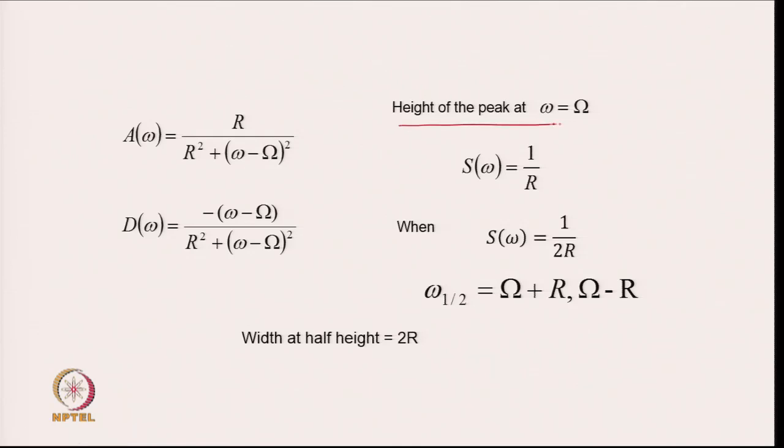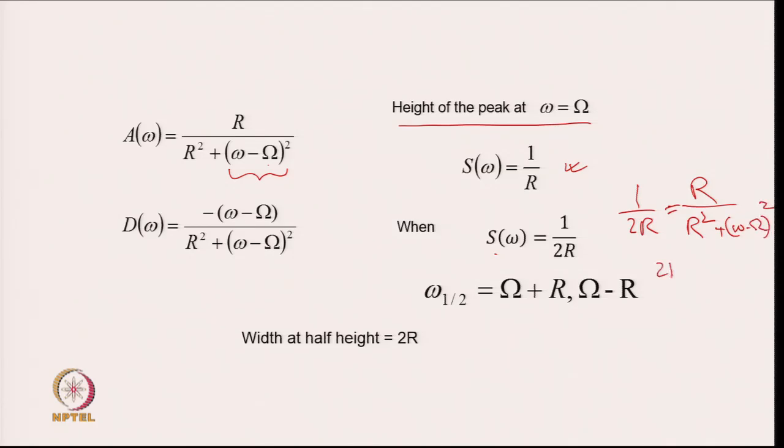If you take the height of the peak at omega equal to capital omega, then A omega will be 1 by R. If I take omega equal to capital omega, then this part is going to be 0, and so A omega is R divided by R square, which is 1 by R. And the second thing is, if I take A omega equal to 1 by 2 R, then 1 by 2 R is equal to R divided by R square plus omega minus capital omega square.